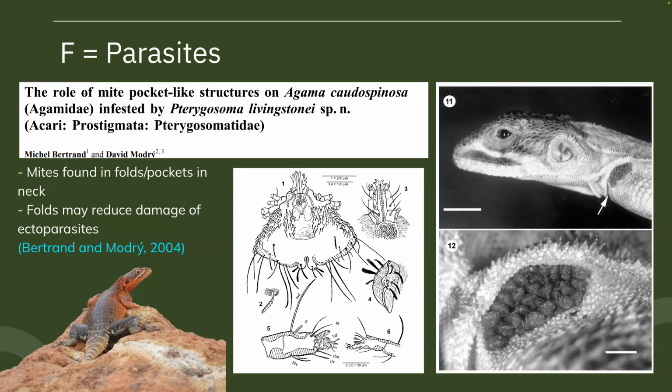And they determined that these mite pockets, the fold behind their neck, may actually limit and contain any damage caused by the parasite. And for the mite itself, it might provide shelter and ensure a long-term food source. So it's interesting to see how this one adaptation could negatively affect this agama, but also simultaneously help them a bit. So that was pretty interesting.